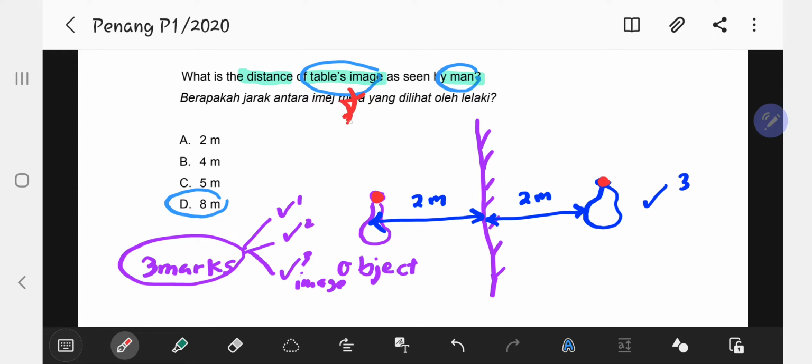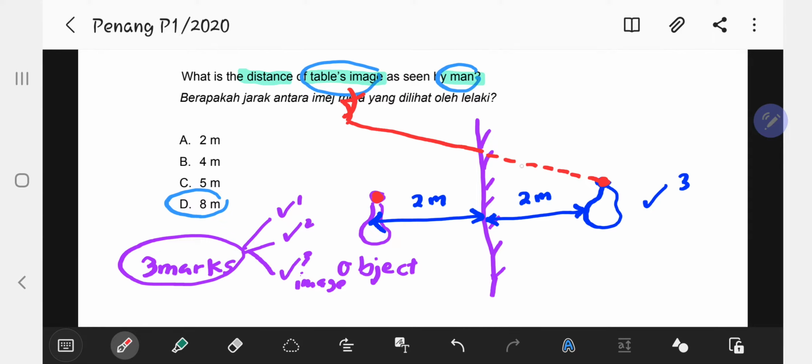Outside, like this, you use a solid line, a straight line, not dotted. And then behind the mirror, you use a dotted line, like that. Okay, you need to have 2.